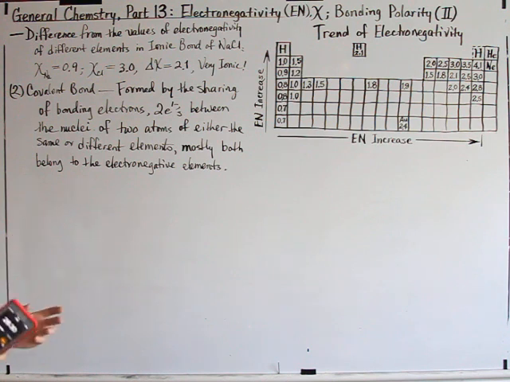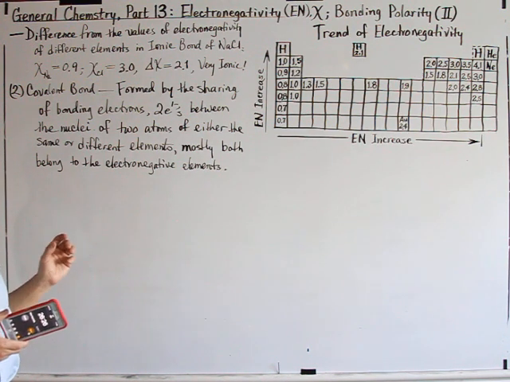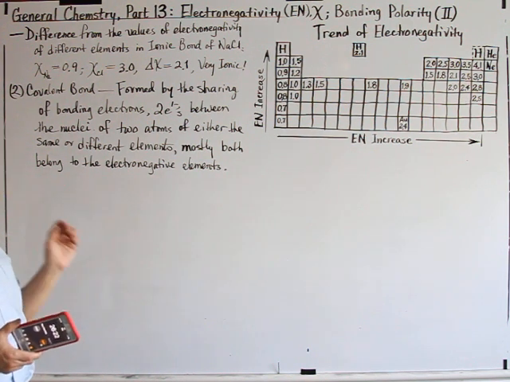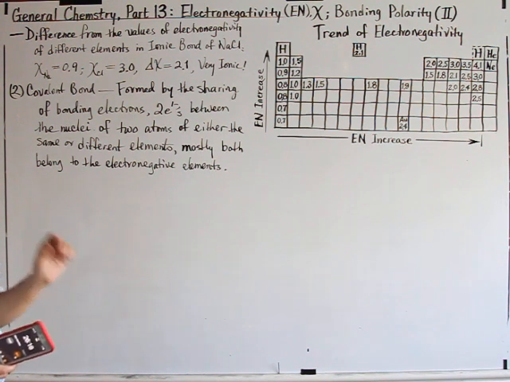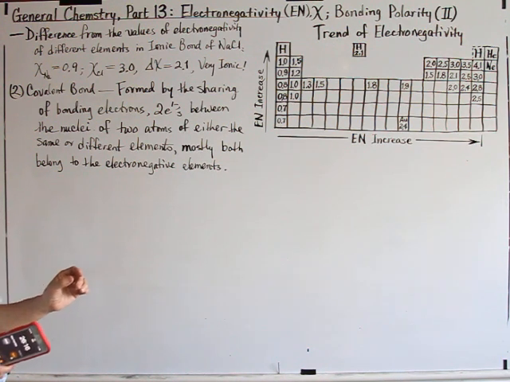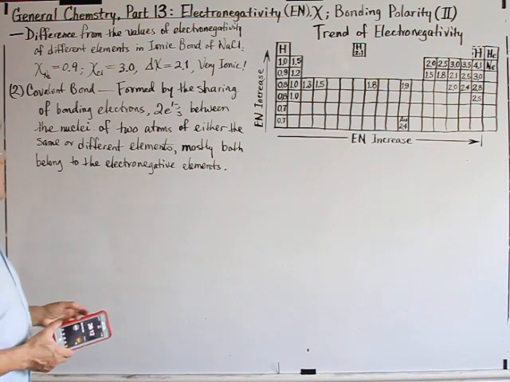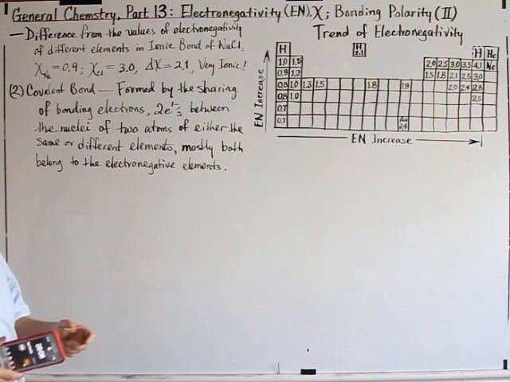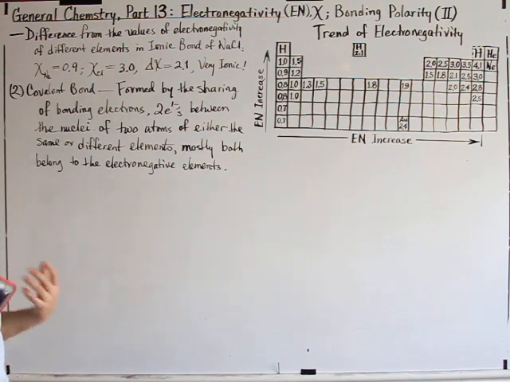Now that value fits the criterion for judging whether the bond is ionic or not. If the difference in electronegativity is larger than 2, it's going to be ionic. It could be even bigger than 2, right? But if it's lower than or equal to 1, that will be covalent.